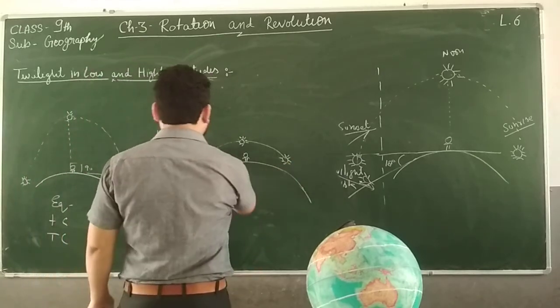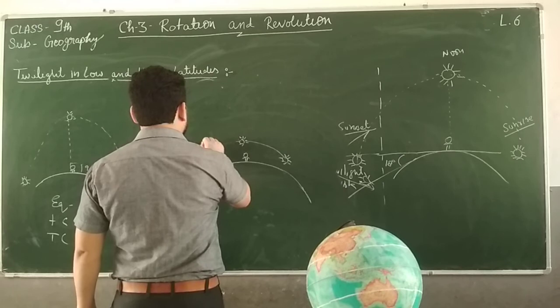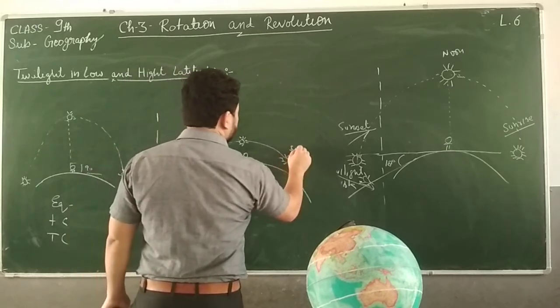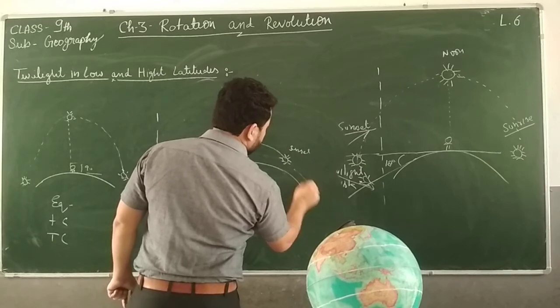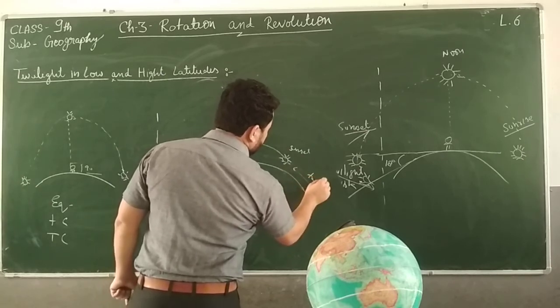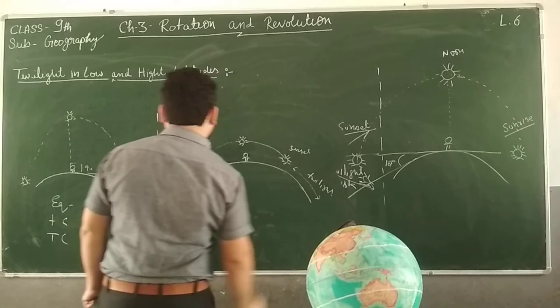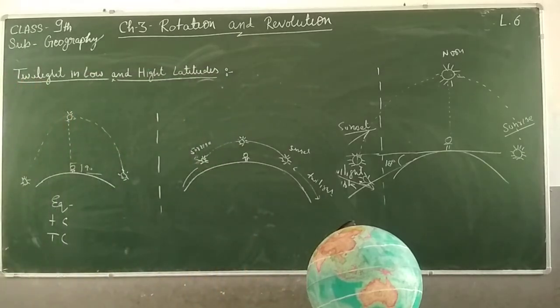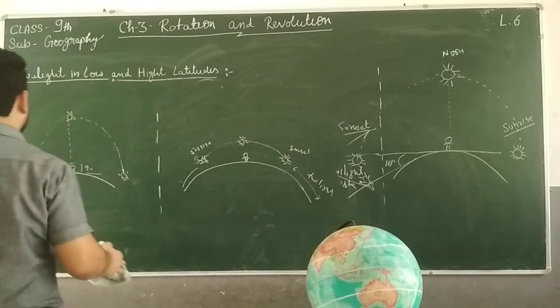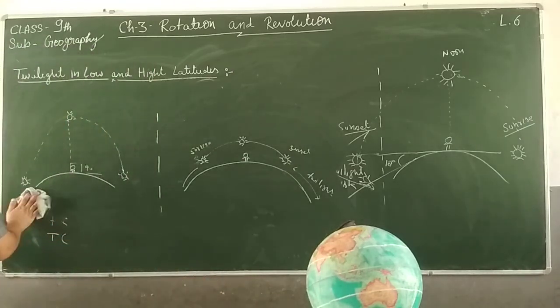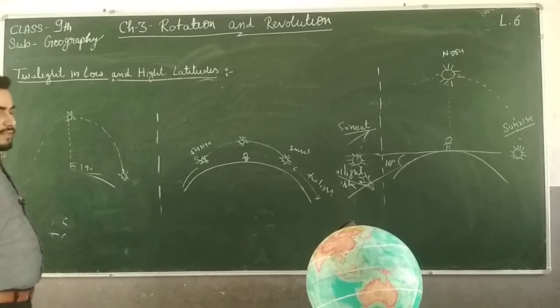Here it sets, sunrise you can say here, sunset you can say here, and this region, this position, this much will be twilight. So this is how the sun rises, ascends to the highest position in the sky, and then sets.